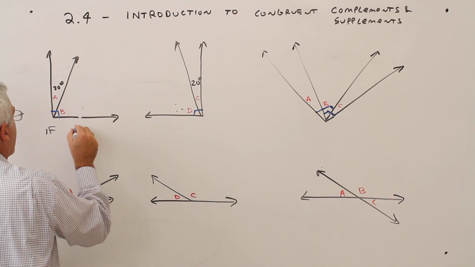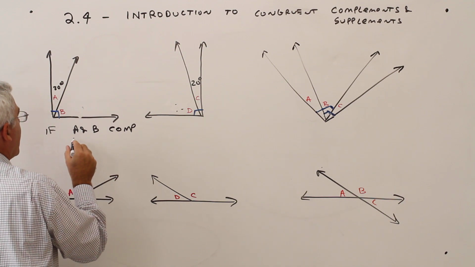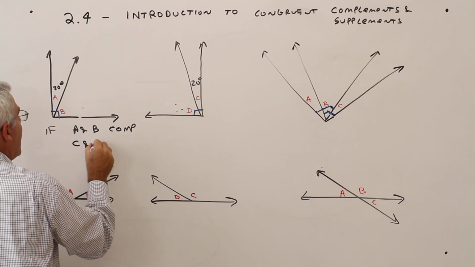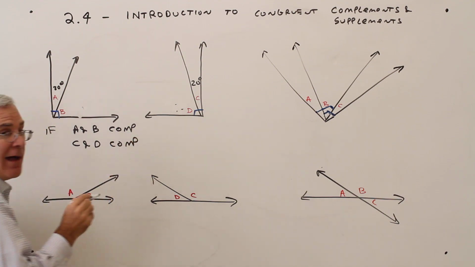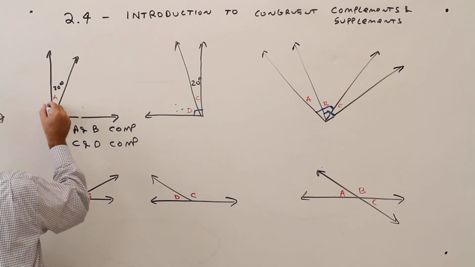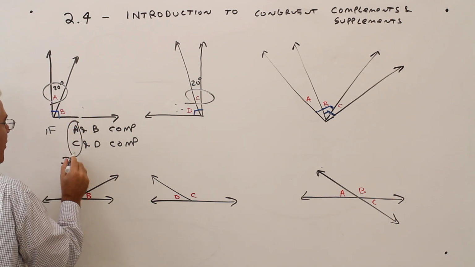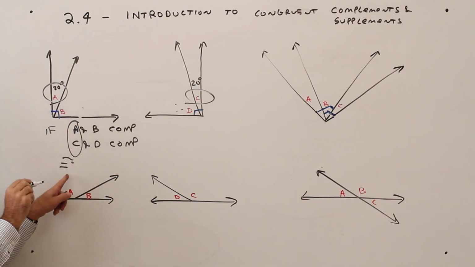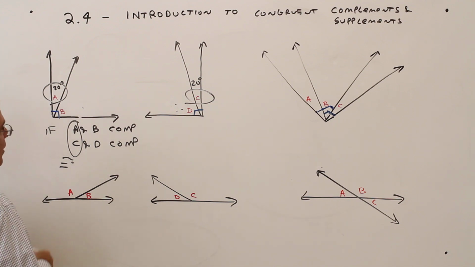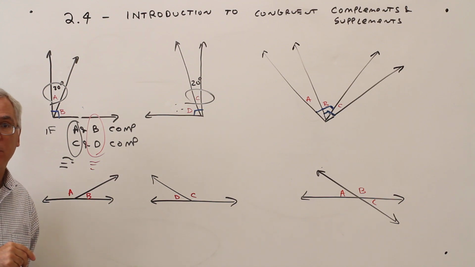If A and B are complementary, and C and D are complementary, and if I've got A and C being congruent, then I can conclude that B and D are also congruent.